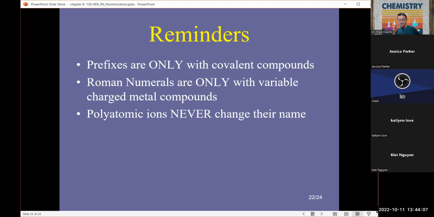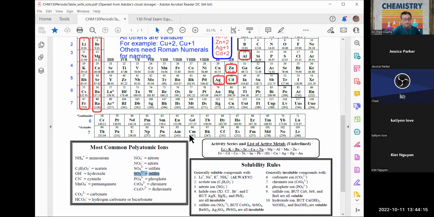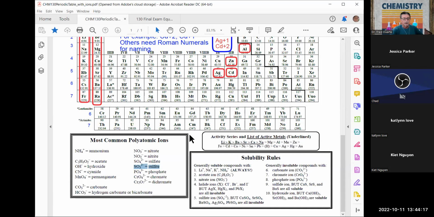The polyatomic ions, we don't change their name. They each have a given name, and that's what it is, okay? Like nitrate, that is not nitrogen trioxide. Okay, that's important.